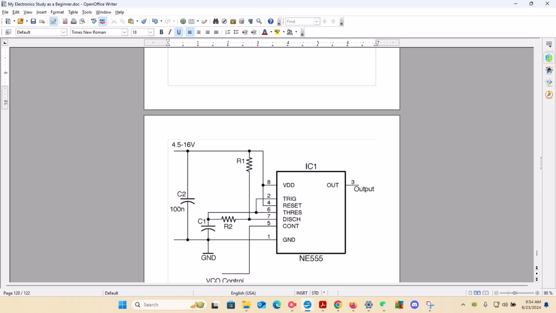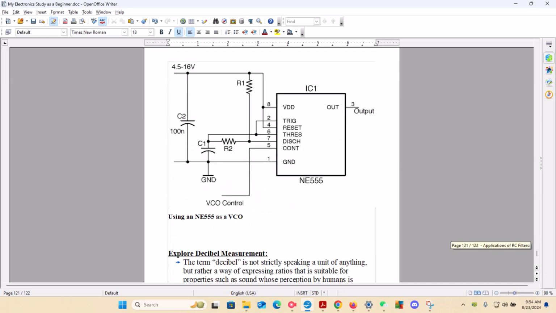And then that will go to resistor 2, capacitor 1, and then down to ground. That's for our VCO control. So the VCO control would be from the control pin, and that would be in terms of how this chip would be used.